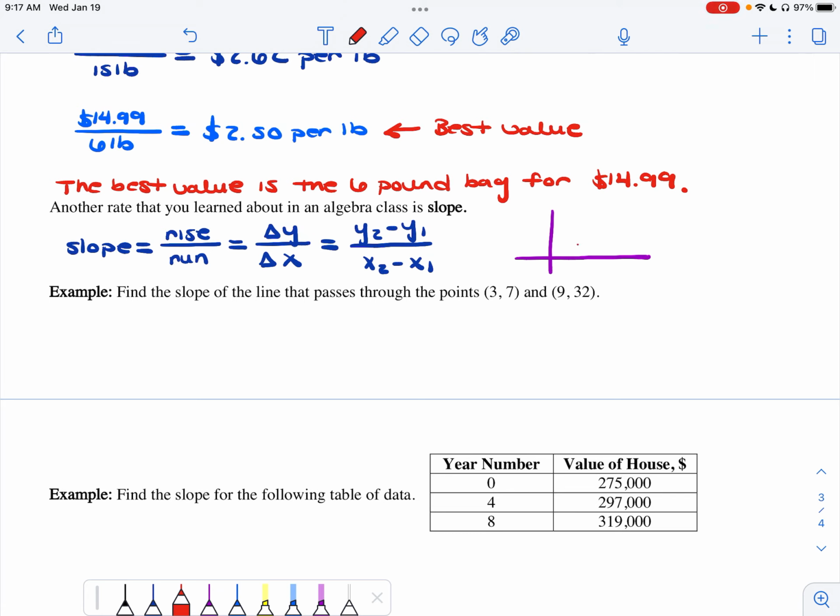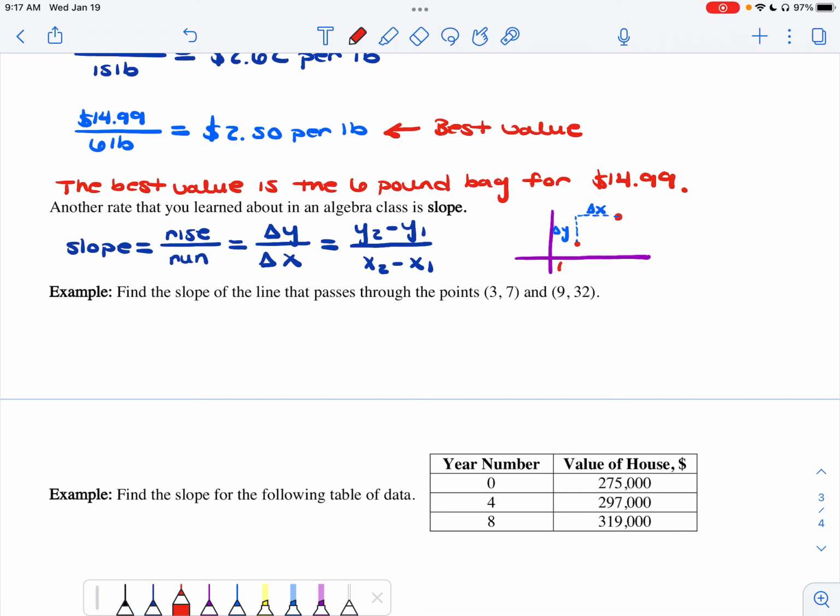So if we have 2 points, say x1 and x2, y1 and y2, the slope of your line here is the change in y over the change in x. So change in y is just y2 minus y1. Change in x is, what did I just write? I just wrote something crazy there, guys.